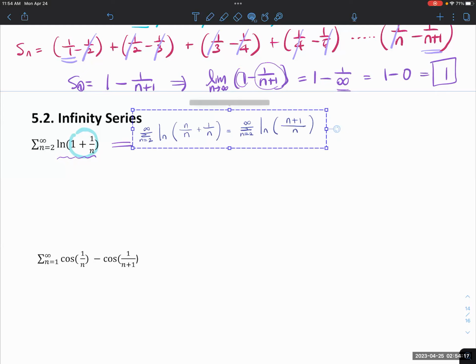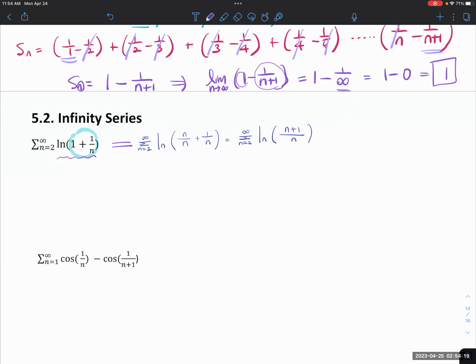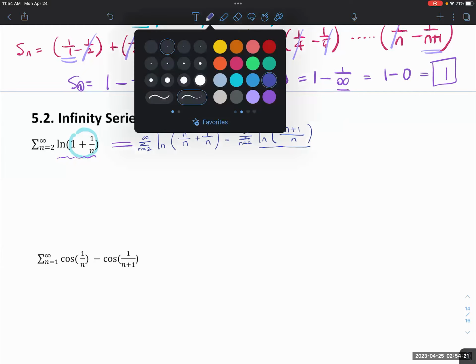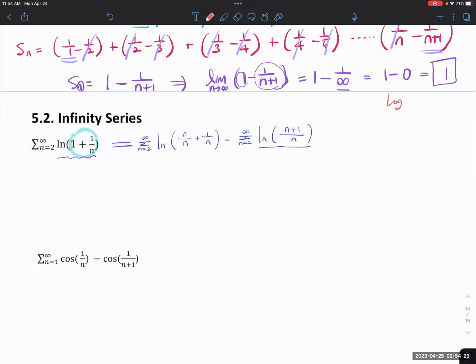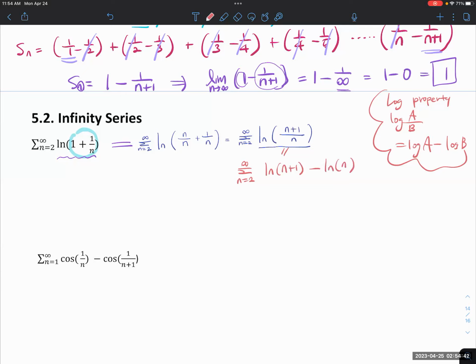And then check it out. You need to see the structure. What is going on? This is ln. Do you remember the log property? If I have log of a over b, it's going to be log a minus log b. So therefore here, you can rewrite it as ln of n plus 1 minus ln n. Like a over b, you're going to subtract them from each other.